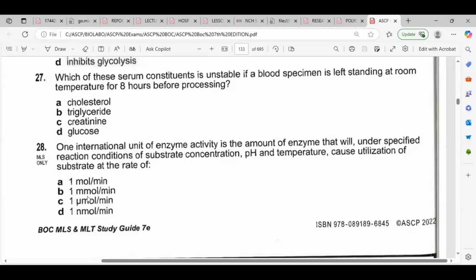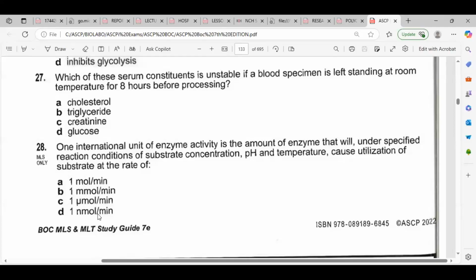Enzyme is there to convert substrate, and substrate must be in a certain concentration in order for enzymes to convert it into products. And which concentration per minute do we confirm here? Now, 1 millimole per minute, this is 1 mole, 1 millimole, 1 micromole, and 1 nanomole.